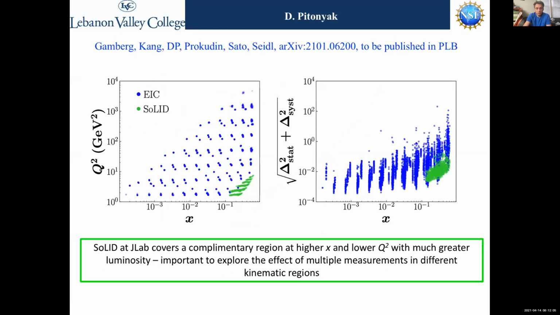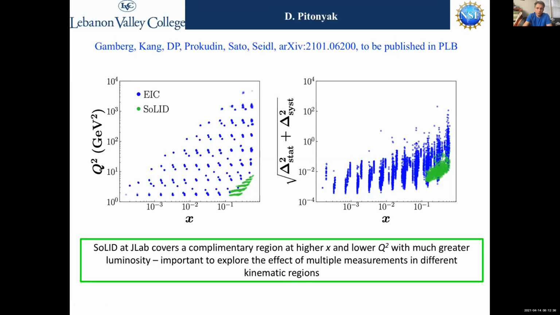We also realized that, of course, in order to accurately extract a tensor charge, one should have extraction in the largest possible region of x and Q squared. And therefore, the electron-ion collider, of course, gives a very large span on x and large span on Q squared, but it leaves this corner here, which is typical for valence quarks, open.